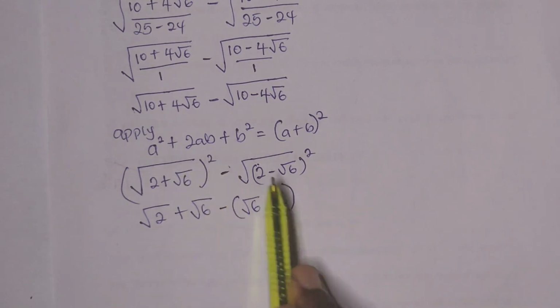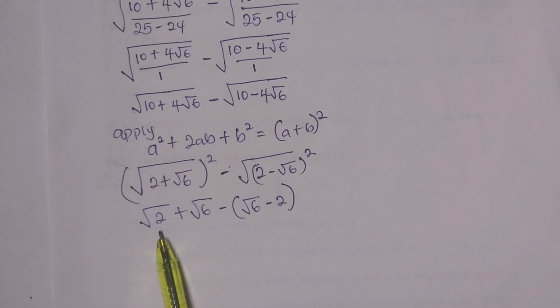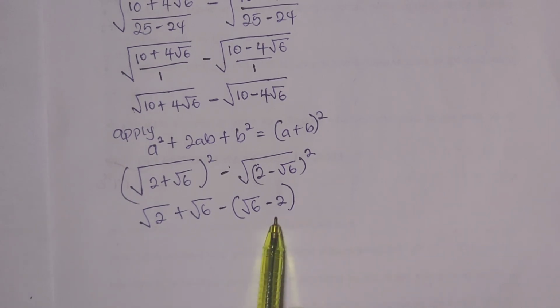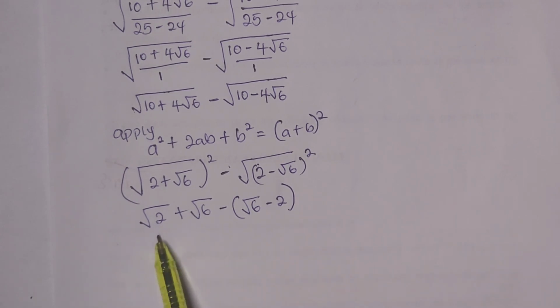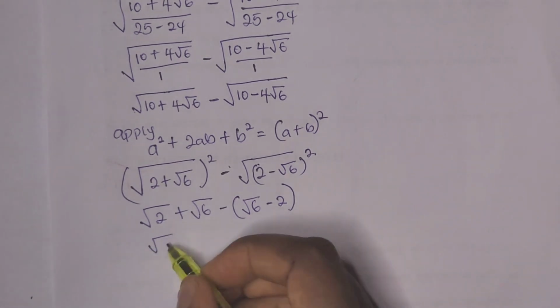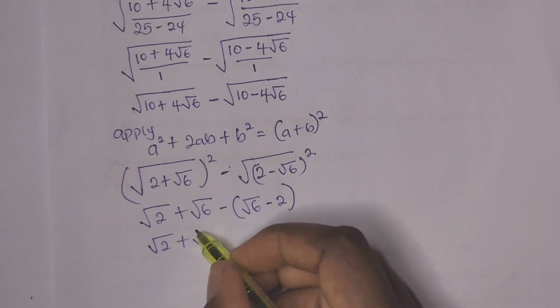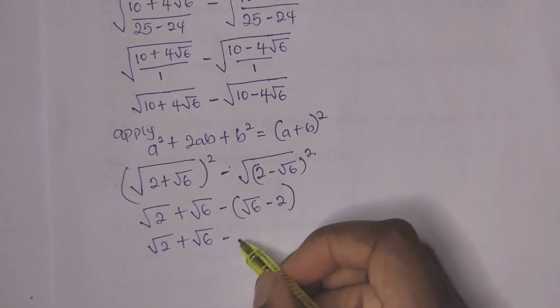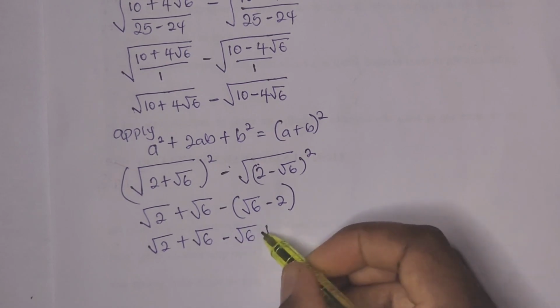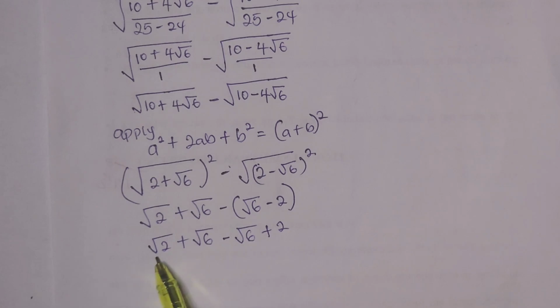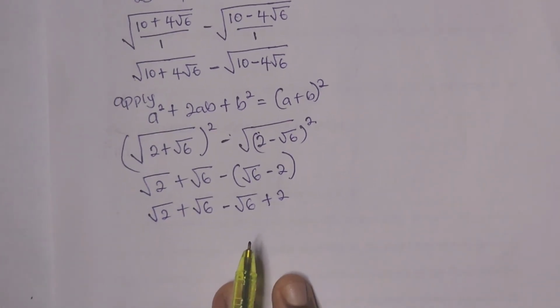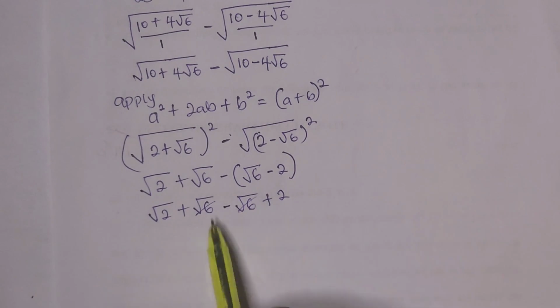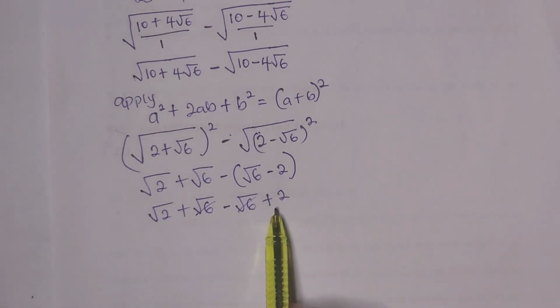So these two cancel out, and this and this cancel out. So this will be root 2 plus root 6 minus, opening this bracket, minus root 6 plus 2. So this will cancel this. Then we have root 2 plus 2.